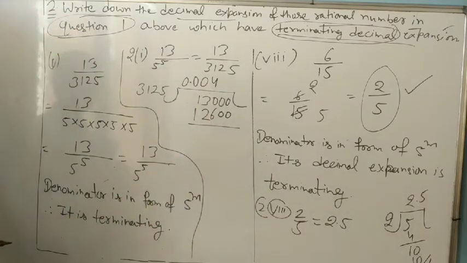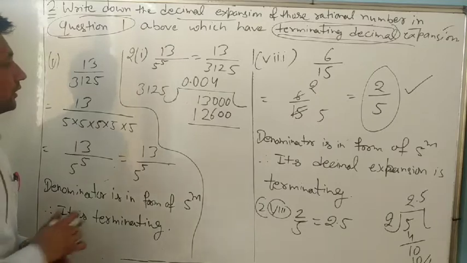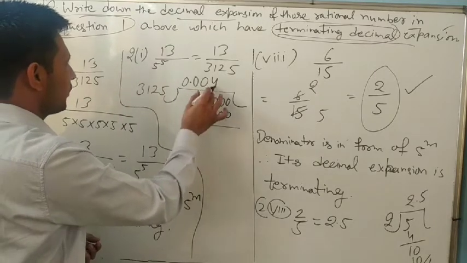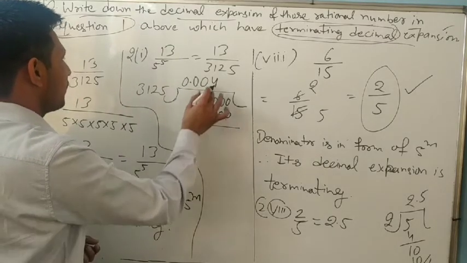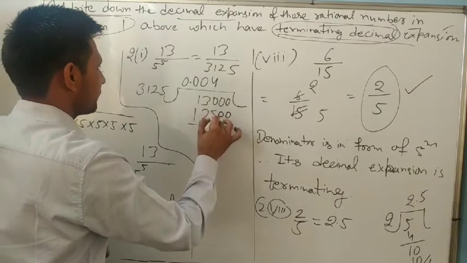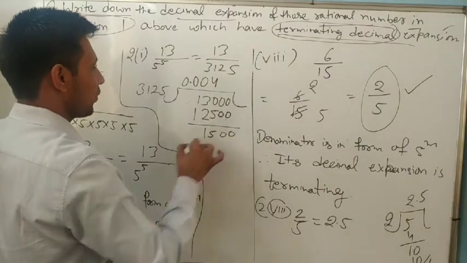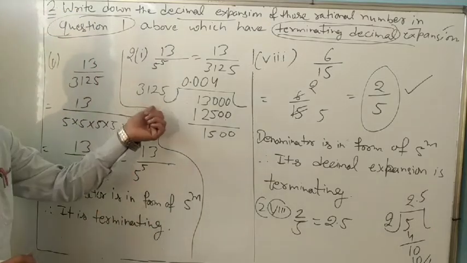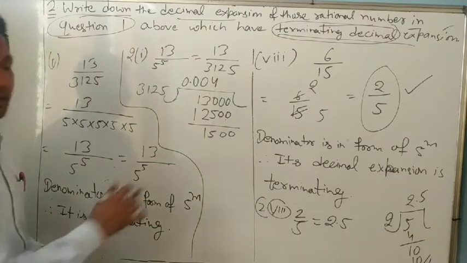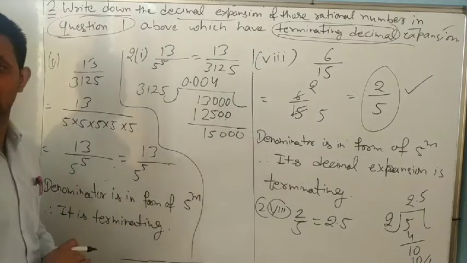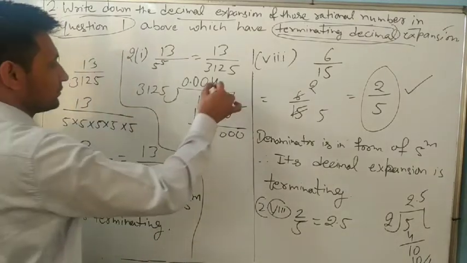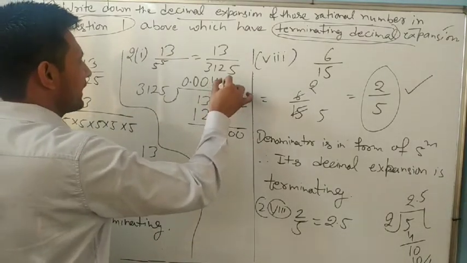Understand it? Understand or not? 5 4s are 20, 4 to the 8, 10, 4 ones are 4, it will come 5. Sorry. Okay. Now subtract 0, 0, 5, 1. Now again we observe that it is smaller, so we will write one more 0. Okay. Next 3, it will go on again on 4.